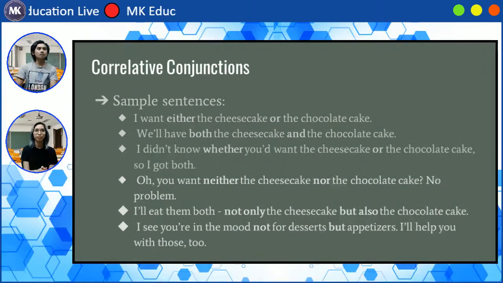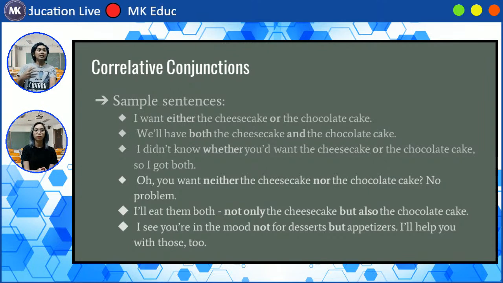So some example sentences here is, I want either a cheesecake or a chocolate cake, where the correlative conjunctions are either or to represent that there is a duality, or there's confusion within you because you want both, or you want one or the other.